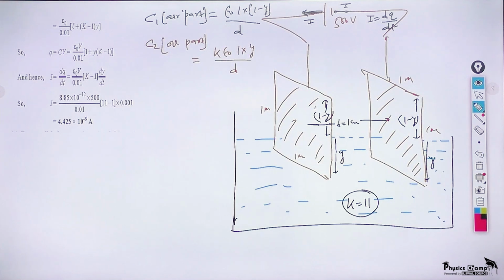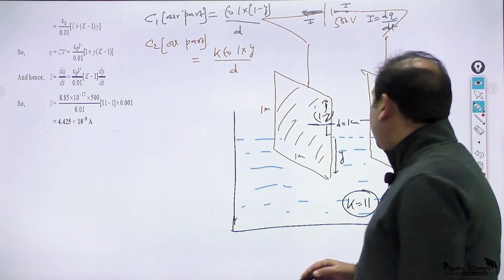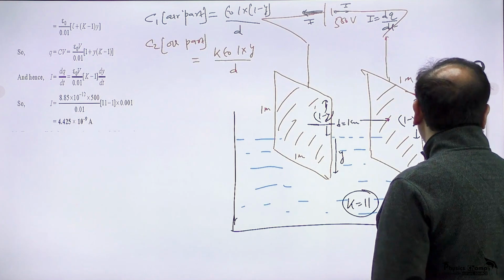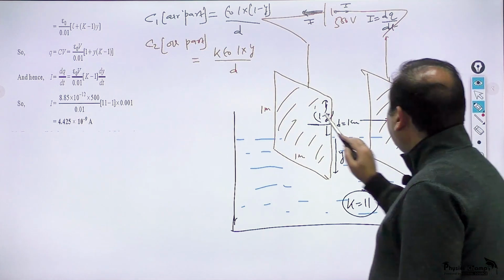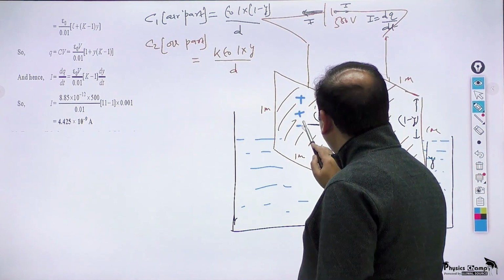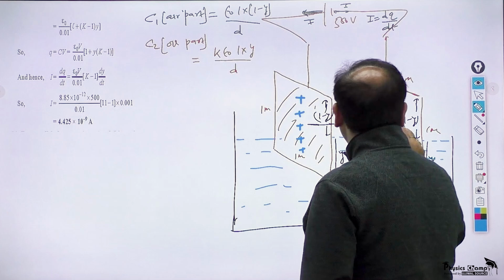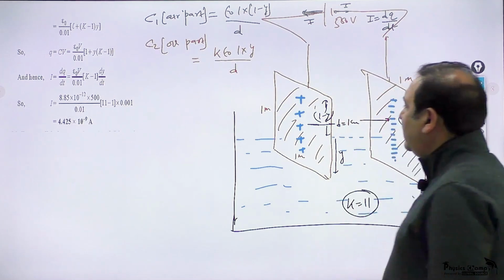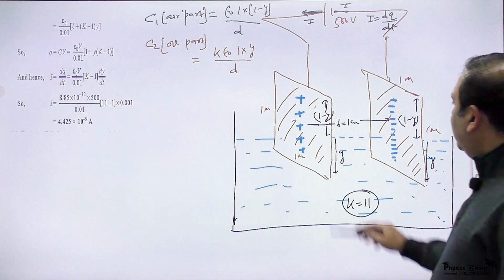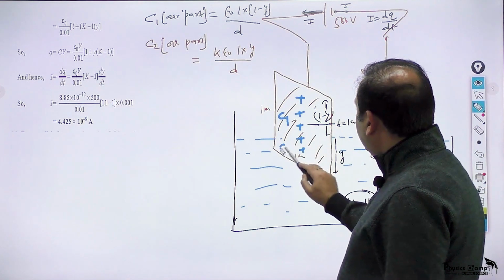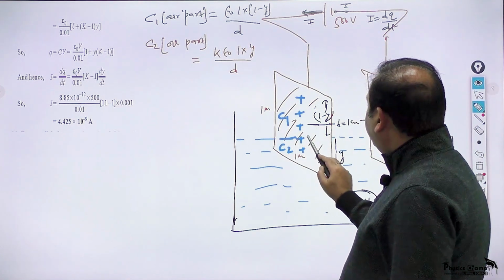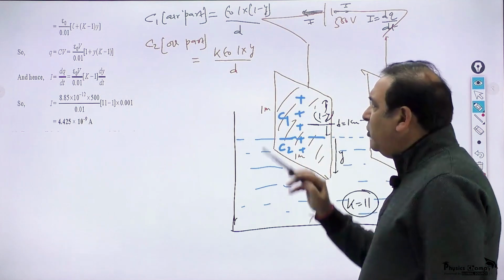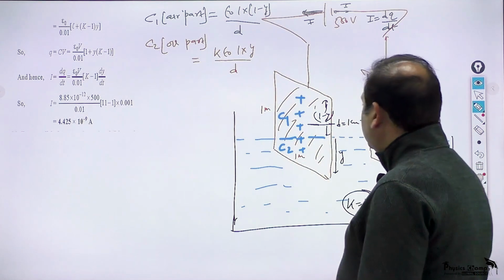So here you have two capacitors, and they are in parallel. The positive of C1 and the positive of C2 are connected to each other, and so are the negatives. So they are in parallel.